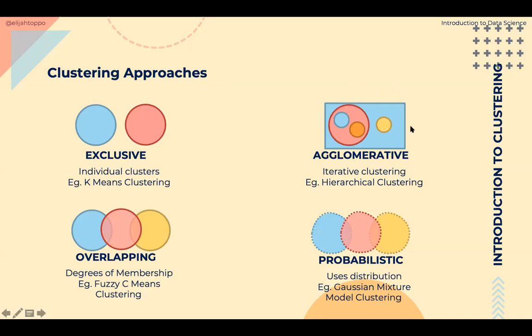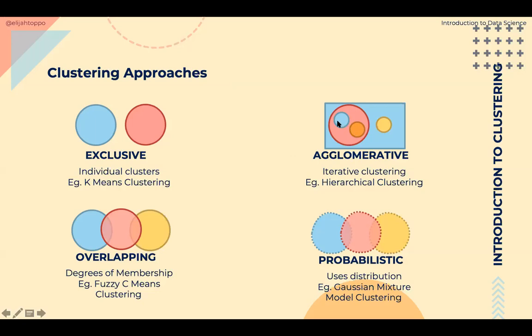So let's say you see in this case, we have a blue rectangle and all data points belong to that. Within that blue rectangle, we have further two subsections. One is this red and one is this yellow. And we can say that these are again then two clusters. And further within the red cluster, there are two clusters again.